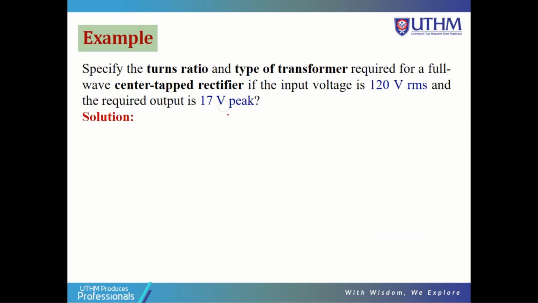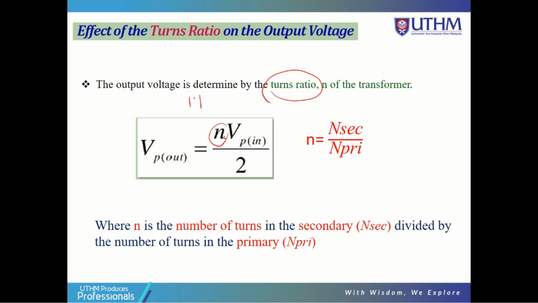Sorry, the ratio is secondary 1, primary 1, so N equals 1. So for turn ratio 1, its V peak out is V peak input over 2. You use this formula. If it were 2, then 2 V peak over 2. Where N is the number of turns in the secondary divided by the number of turns in the primary.